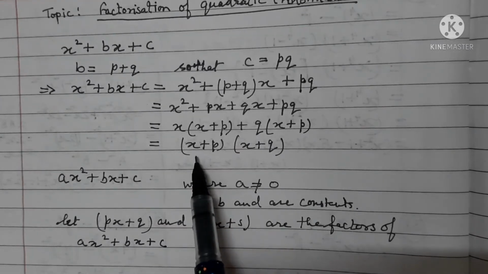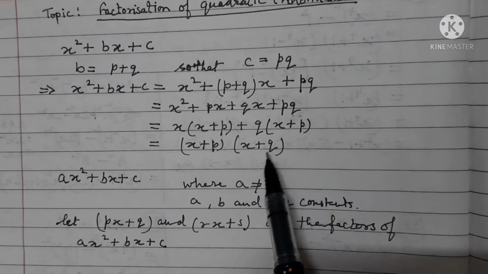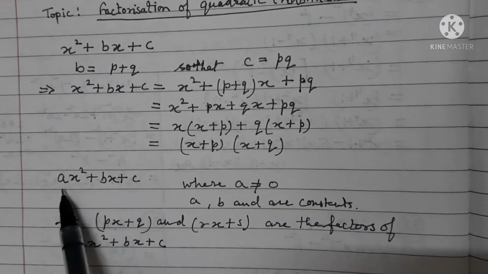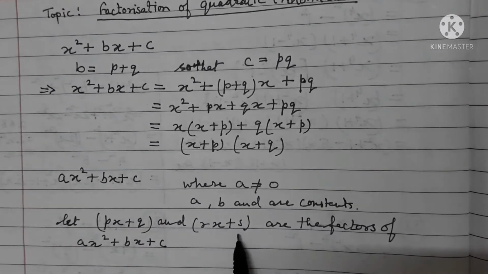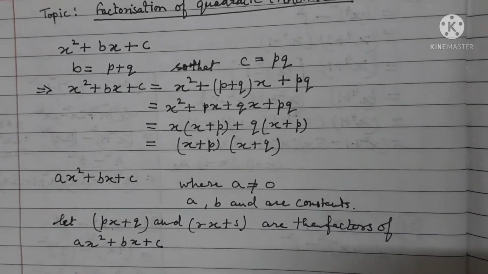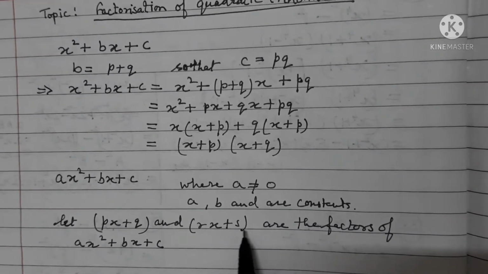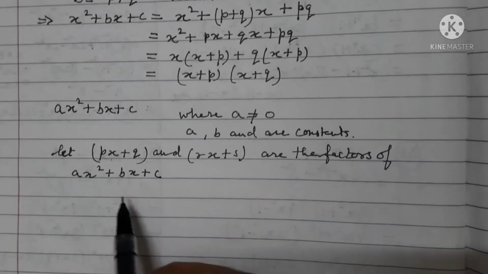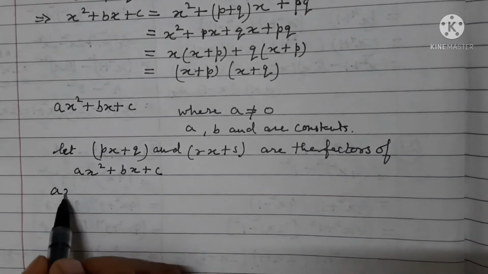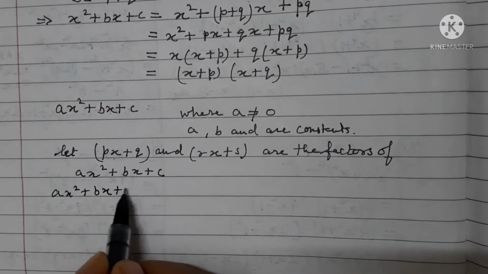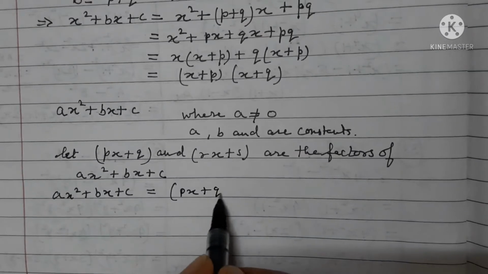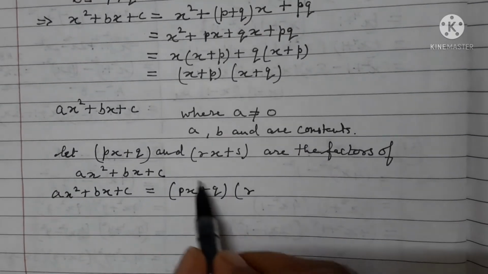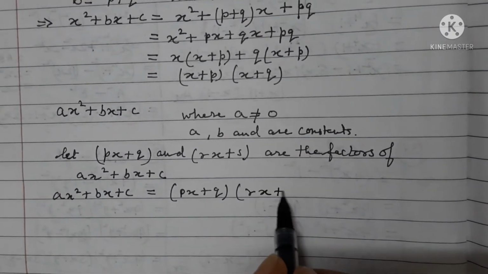Here the factors were x plus p and x plus q, and we are now taking the factors of this polynomial ax square plus bx plus c as px plus q and rx plus s. If these are the factors, then you can write ax square plus bx plus c is equal to px plus q multiplied by rx plus s.